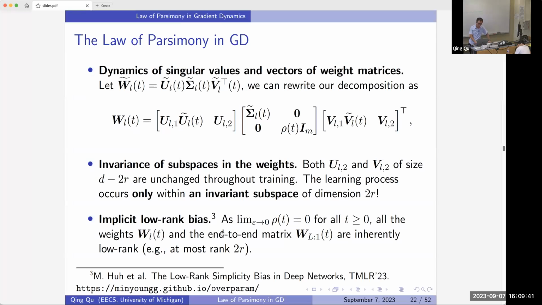That's why you are learning low rank embeddings when you are using gradient descent to learn the parameters of your network architecture.